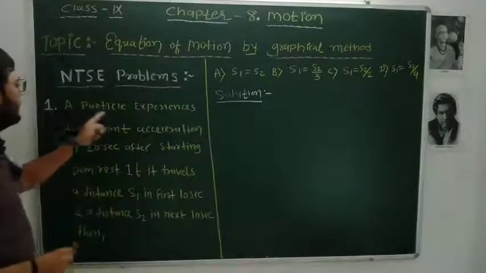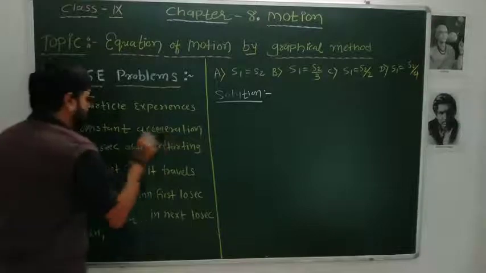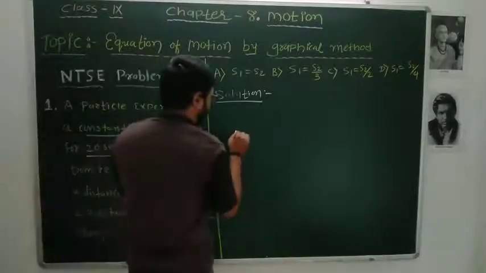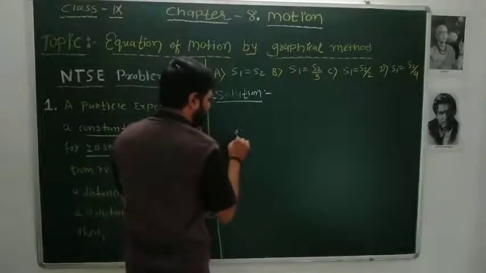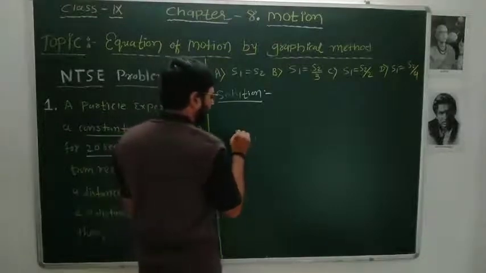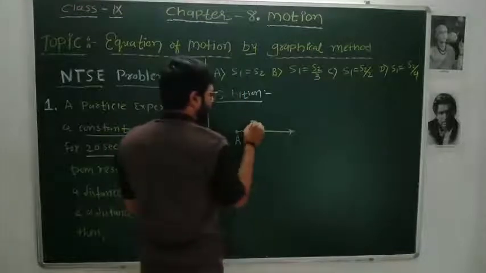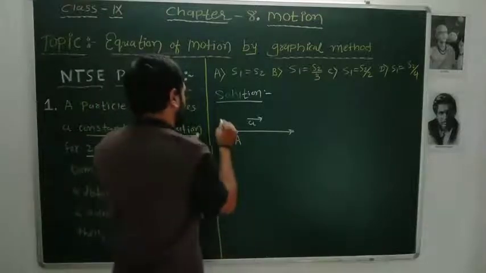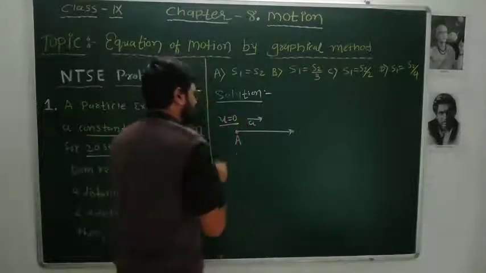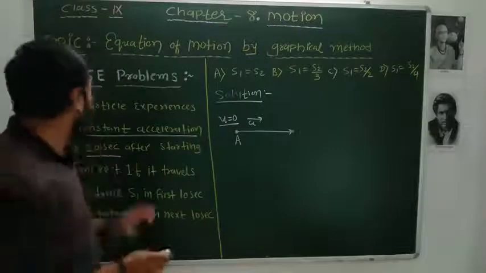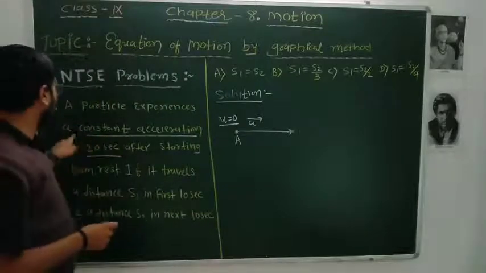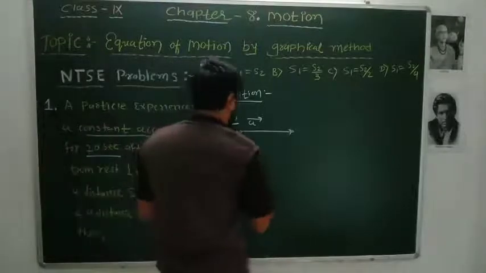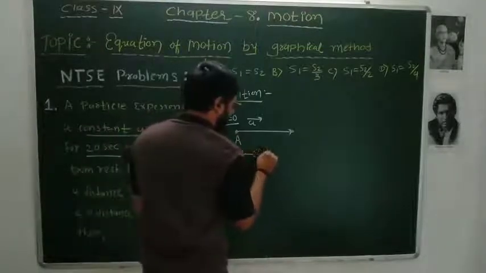First, we are given that a particle experiences a constant acceleration for 20 seconds. Suppose I take one particle that starts from point A at rest with constant acceleration. At rest the initial velocity of the particle is 0, so I can write u is equal to 0. It moves with constant acceleration for 20 seconds.